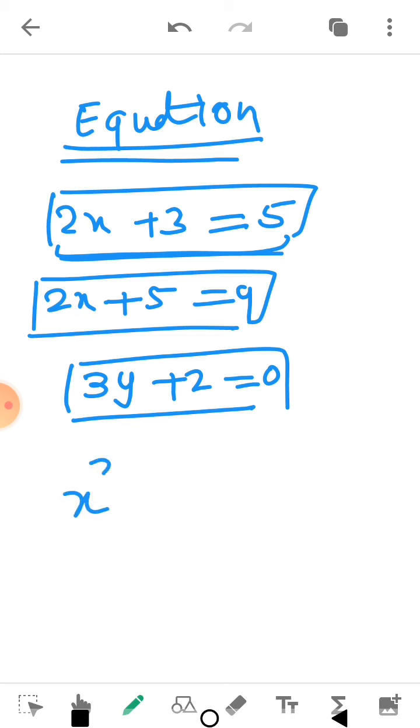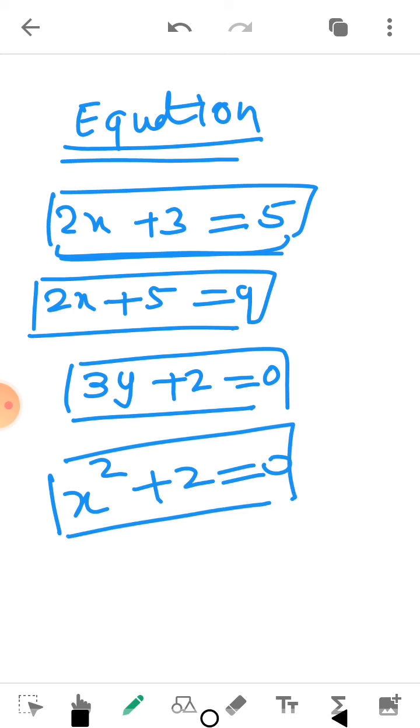If we take x square plus 2 is equal to 0, this is not a linear equation because the power of x is 2. These are all the upper 3 equations is a linear equation because in these the variable x and variable y have power 1. There is nothing given, but we treat it as power one, and having power one is known as a linear equation.